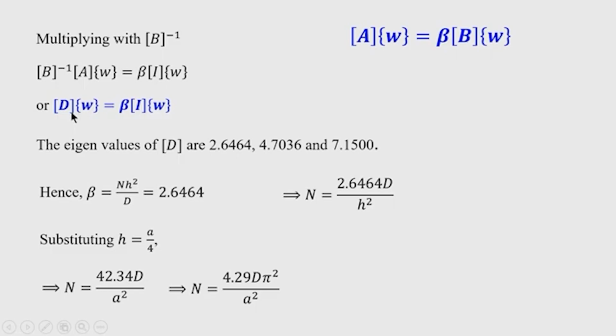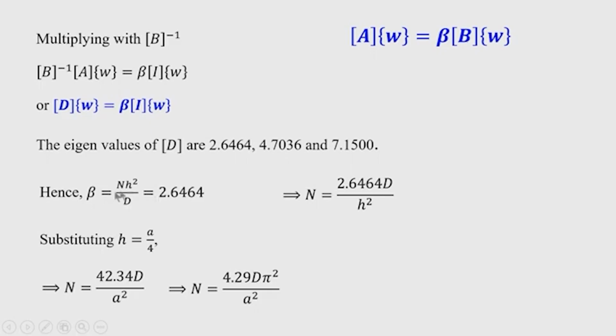So, here the eigenvalues of D are obtained, because B inverse B is the unit matrix or identity matrix, and B inverse A is the matrix D. So, eigenvalues of D are calculated, and they are found as 2.6464 and 4.7036 and 7.1500. And the lowest eigenvalue will give the critical value of the buckling load.